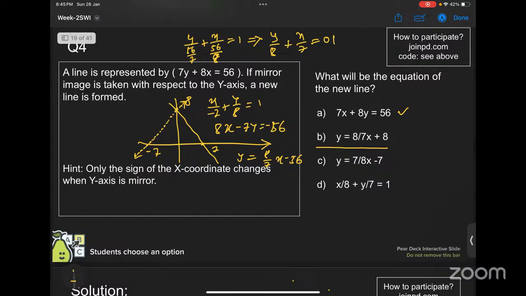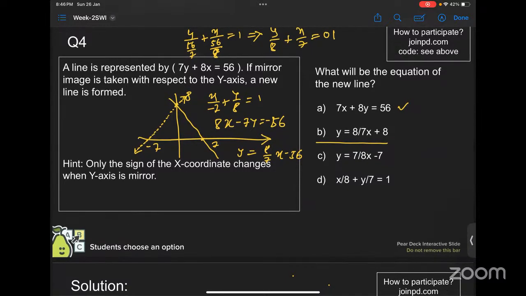Okay. What you just told is correct: if we reflect the line with respect to the y-axis, then the slope will change its sign. And I guess it's the same if we reflect the line with respect to the x-axis too, right? Yes, ma'am. So if we reflect the line with respect to the y-axis, the y coordinate will remain the same, but we will get the negative version of the x coordinate.